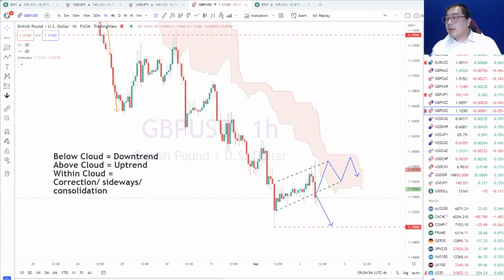The gain in the NFP was actually better than expected, by about 20,000. Not much, but I think the key data this week was actually the unemployment claims yesterday. So let me go through the jobless claims yesterday. That was actually lower than expected. Sorry, it was lower than expected, so that was actually good.